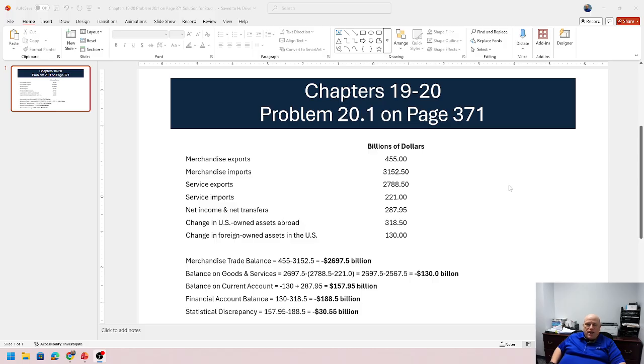So in this case, that would be 455 billion minus 3,152.5 billion, which would give you a value of $2,697.5 billion.